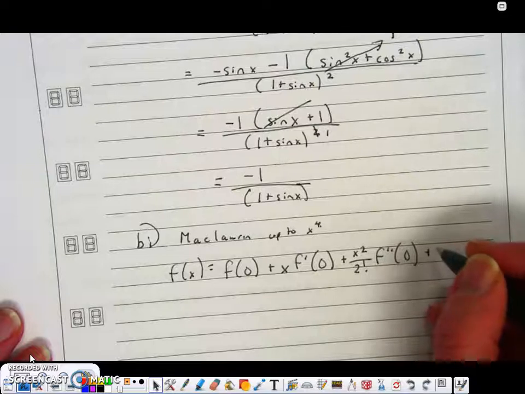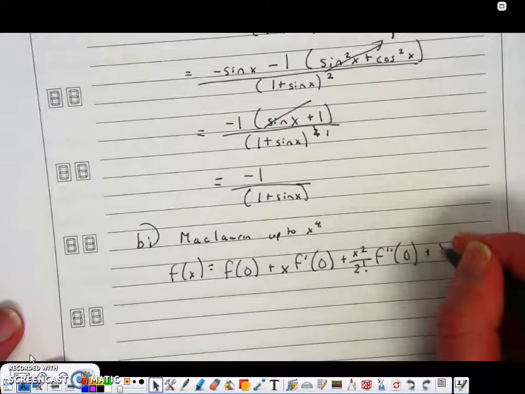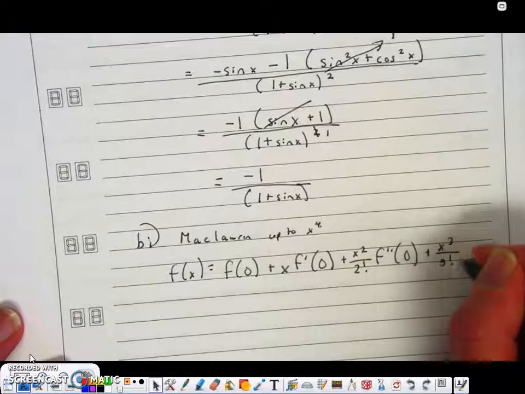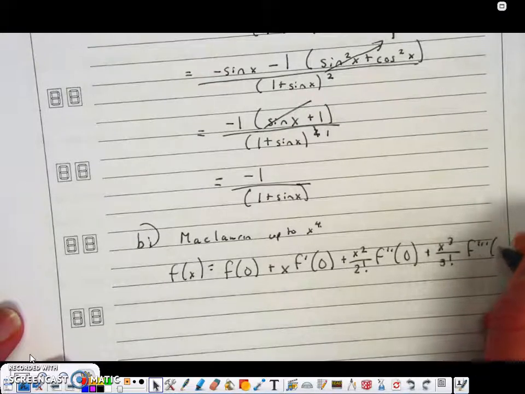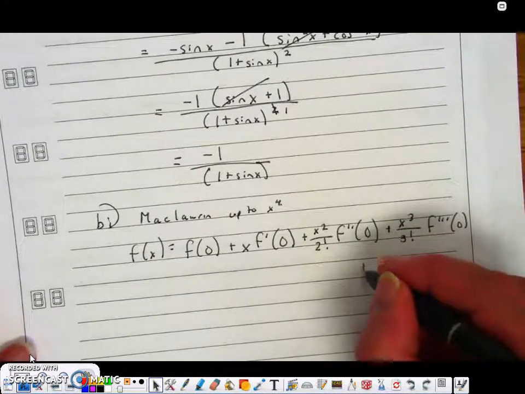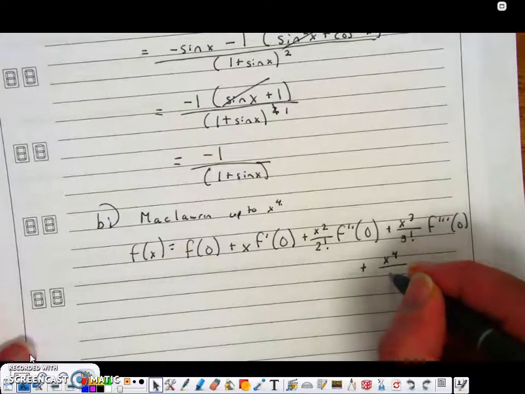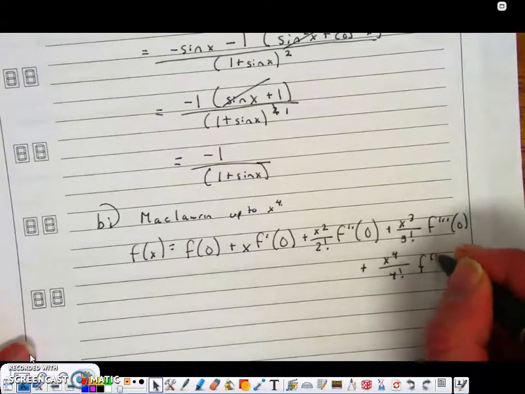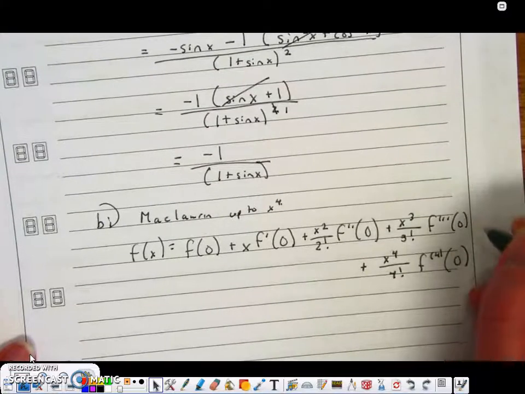And I know I've got to get up to x to the fourth, so I might as well keep going here. x cubed over 3 factorial f triple prime of 0, plus x to the fourth over 4 factorial, the fourth derivative evaluated at 0.